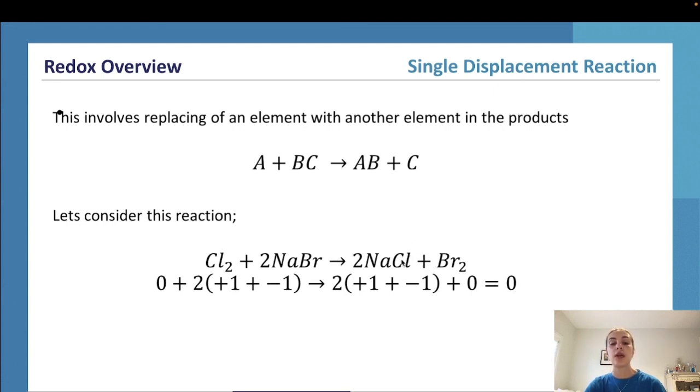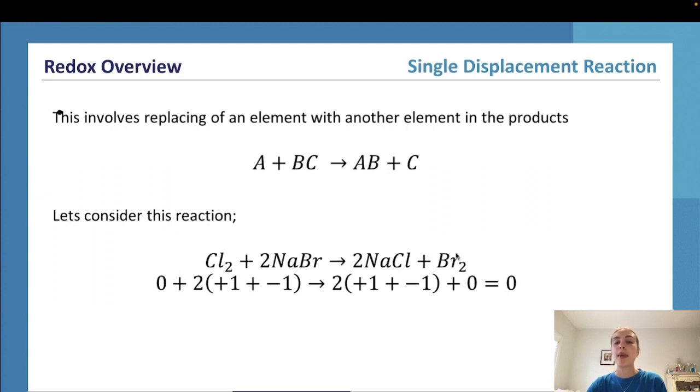Then chlorine, going on to rule 7, we know that our group 17 elements are going to have a charge of -1. So we've got sodium staying as +1, but chlorine is changing to -1. So chlorine goes from 0 to -1. So it's gaining 1 electron.